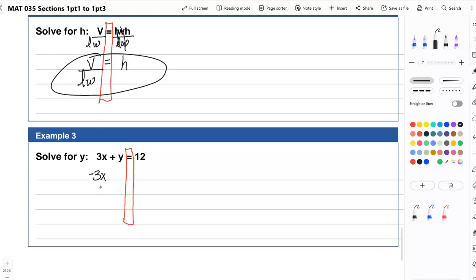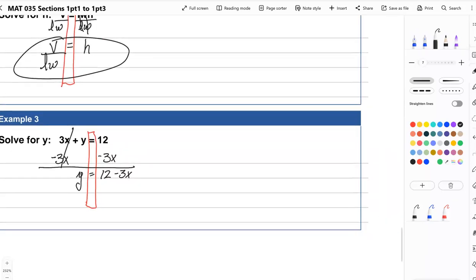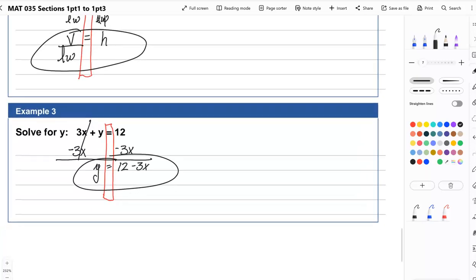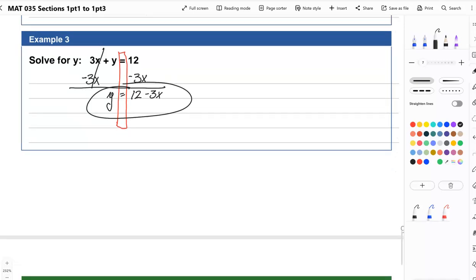I'm going to zero it out by subtracting. 3x minus 3x is going to zero out. I just have y on the left. On the right, I have 12 minus 3x. I can't put these together. The 12 does not have an x, and the 3x does. So my final answer is just going to be y equals 12 minus 3x. And that's the equation of a line, and we'll talk more about that later.